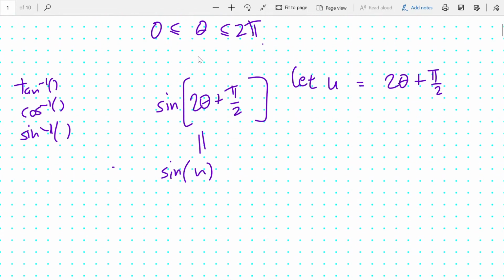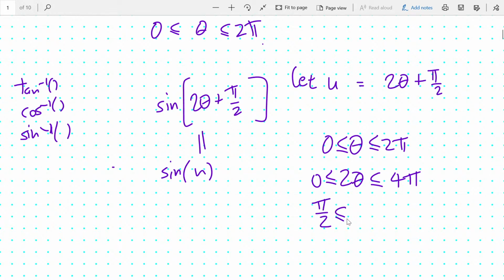For example, say we have 0 is less than or equal to theta is less than or equal to 2 pi. To get something like this, first we would multiply by 2 to get 0 is less than or equal to 2 theta is less than or equal to 4 pi. And then perhaps add pi over 2 to get pi over 2 less than or equal to 2 theta plus pi over 2 less than or equal to 9 pi over 2.